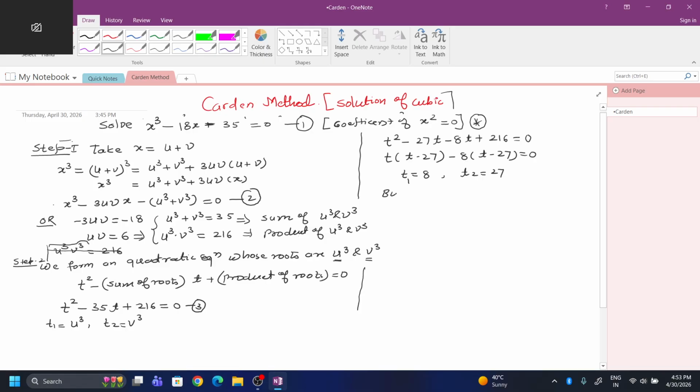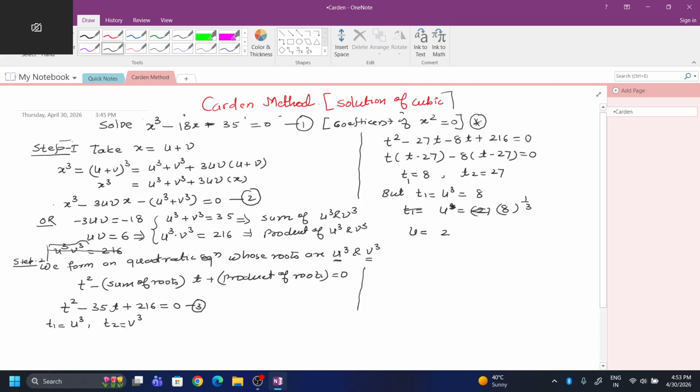But t1 is equal to u cube, and this u cube is equal to 8. So u is equal to 8 to the power 1 by 3.